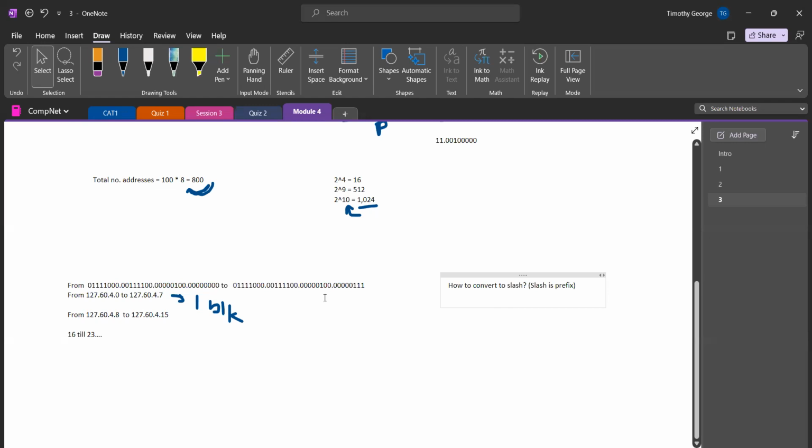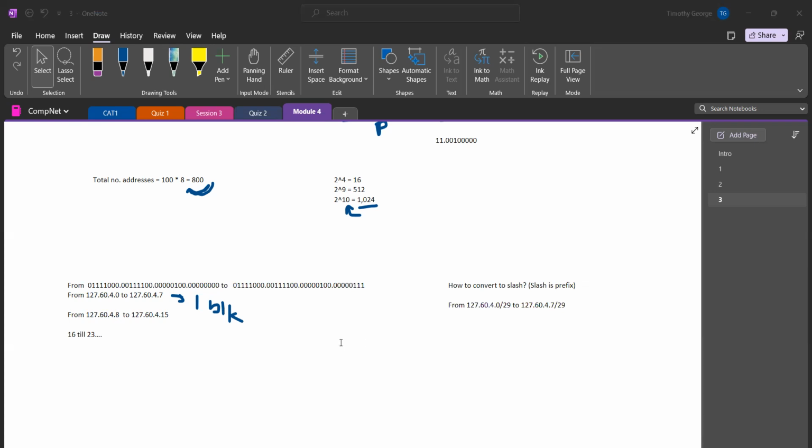That is your answer. So to convert this to slash, just write the same thing, from 127.60.4.0 prefix 29 to 127.64.7 prefix 29. That's it. Right?